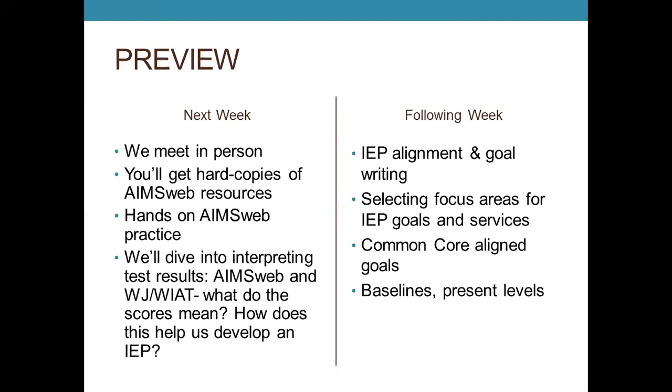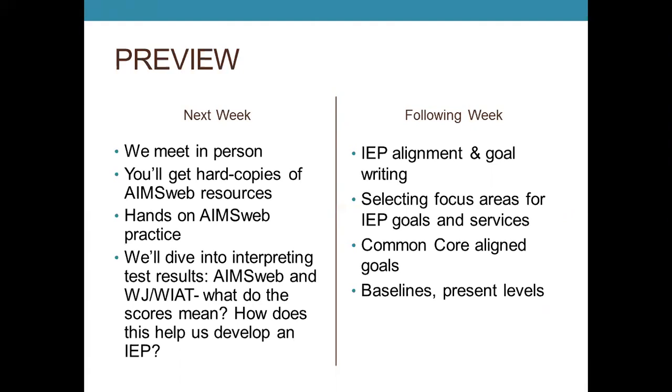And then after that, we will go the next step further, which is more around the actual creation of the IEP, really identifying areas of student strength where we can build on or where they don't need extra intervention.